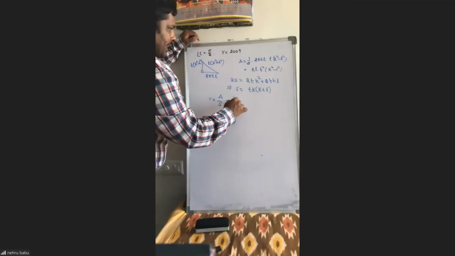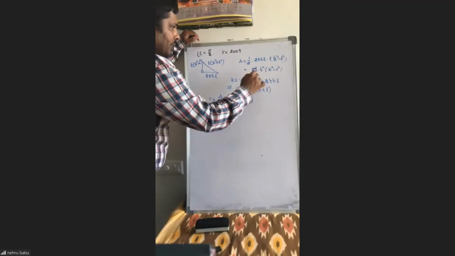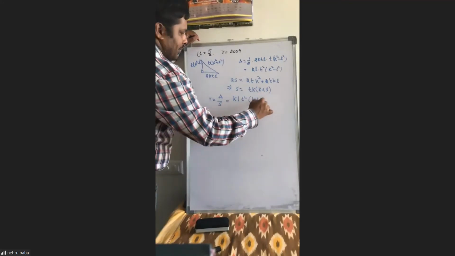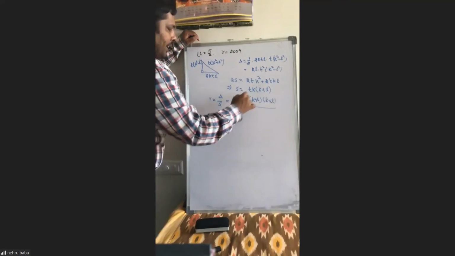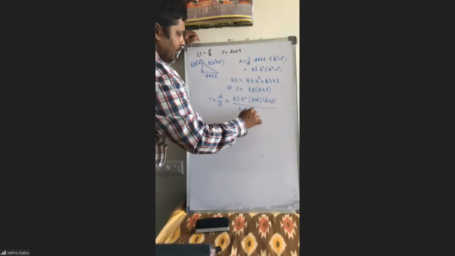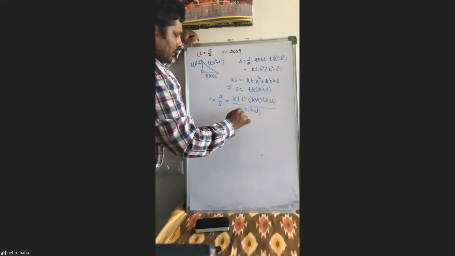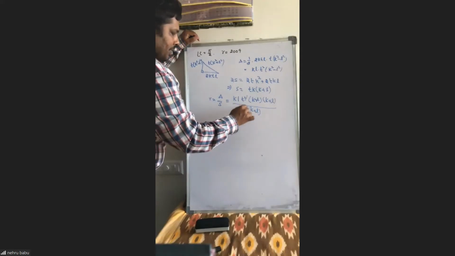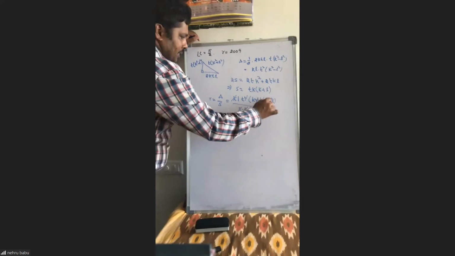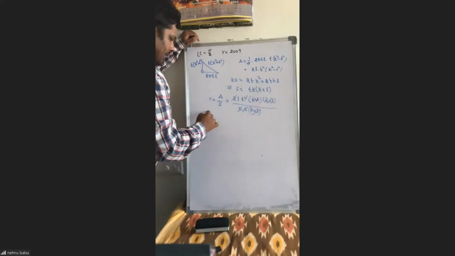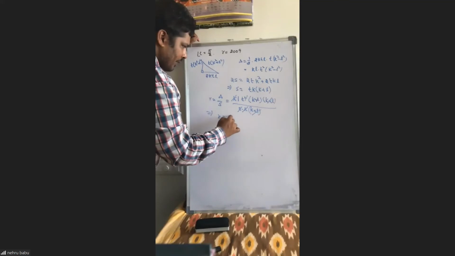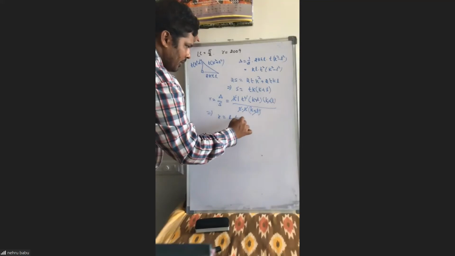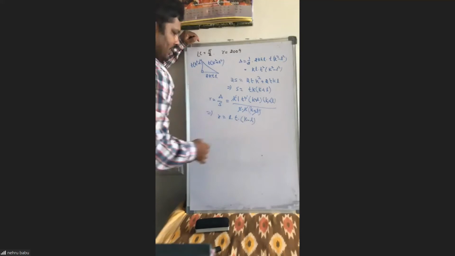So delta means k into l into t square by k minus l into k plus l, divided by t into k plus l. So t cancels, k cancels, k plus l cancels. Then r you are writing as l into t into k minus l.